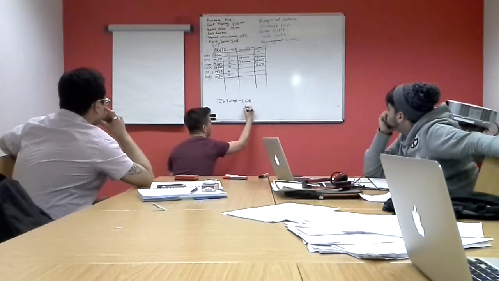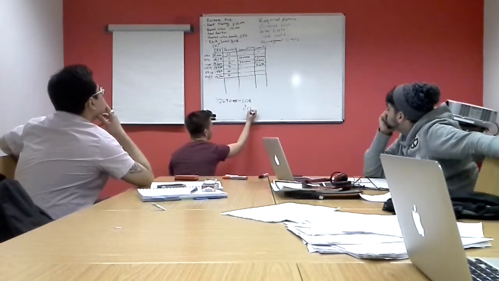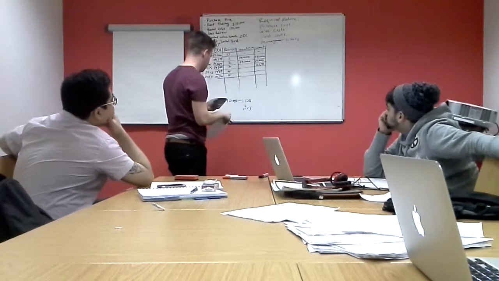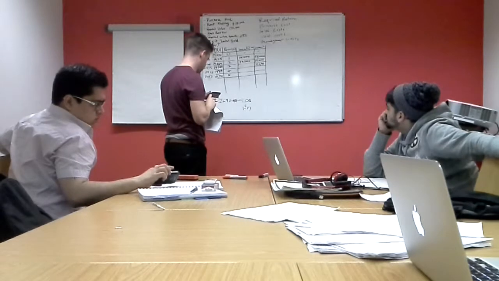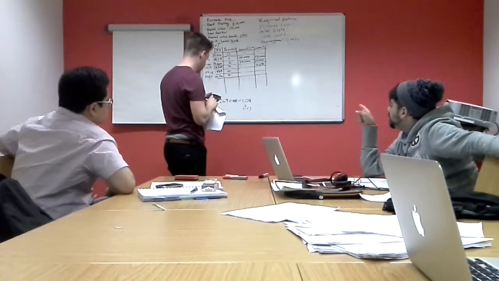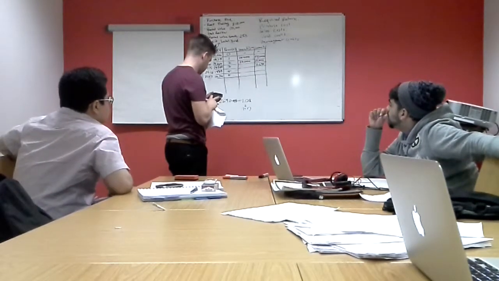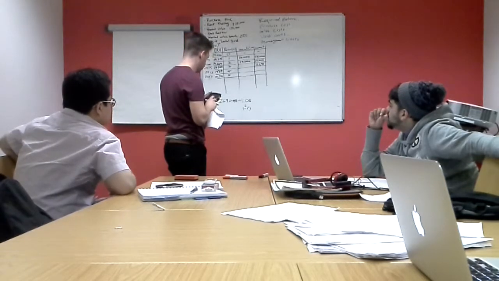This is just 1 plus the void rate. And then you get 72610 divided by.